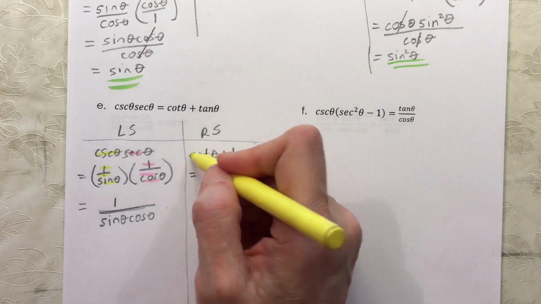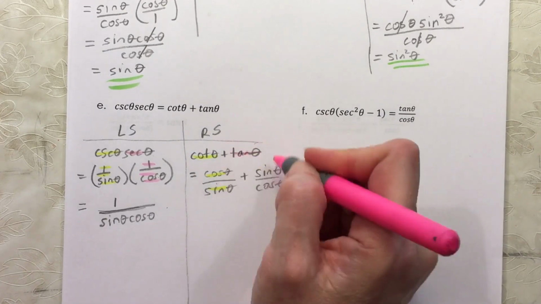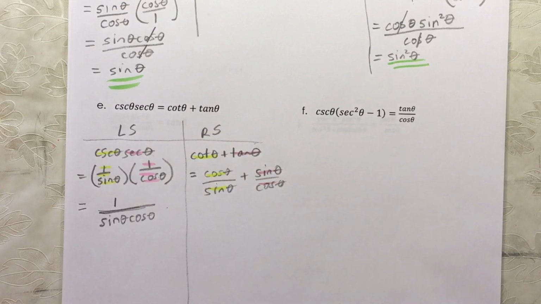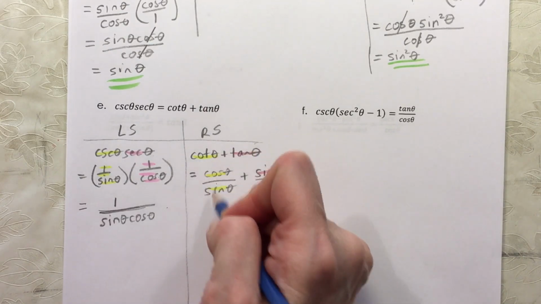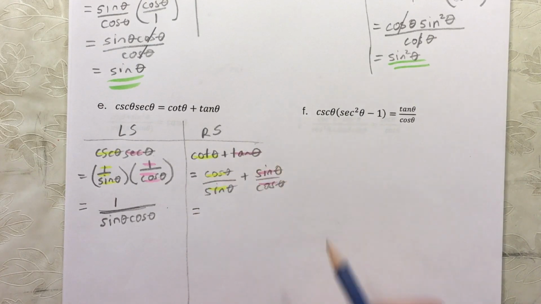So again, these are equivalent, and these are equivalent. So we still have equality on the right side.